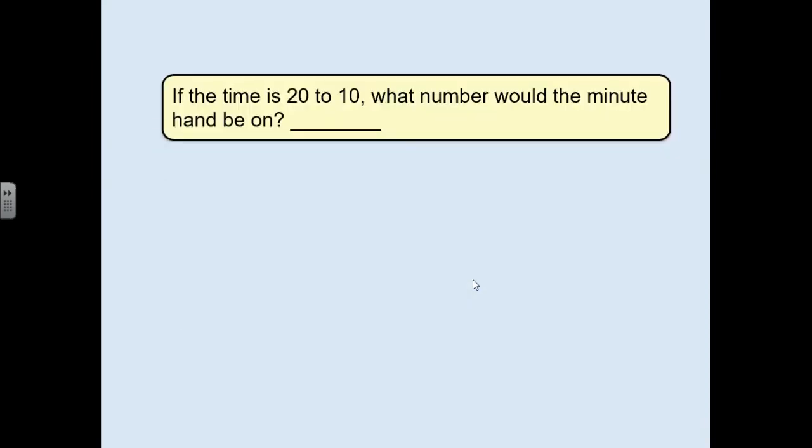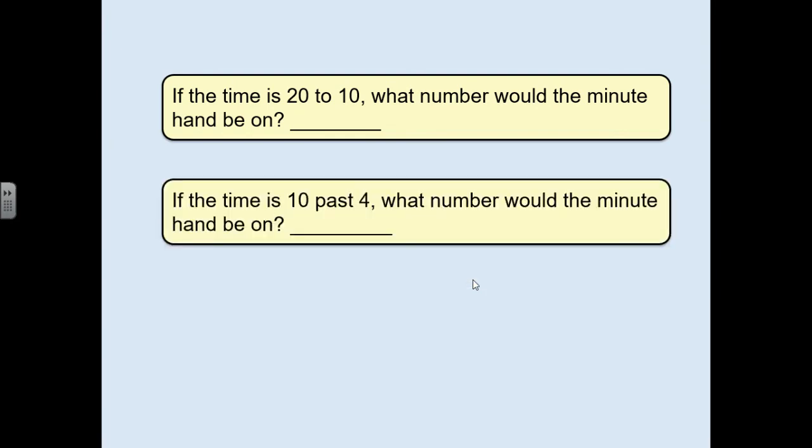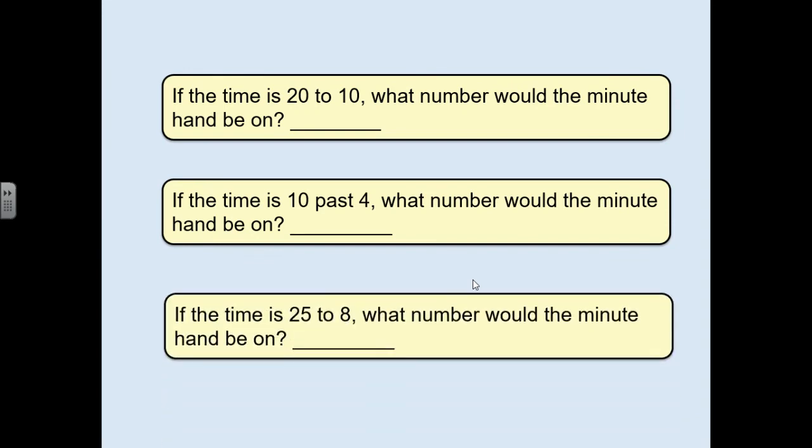Okay, if the time is 20 to 10, what number would the minute hand be on? Now what I would like you to do is use your clocks to find out where the minute hand would be. The next one is if the time is 10 past 4, what number would the minute hand be on? And if the time is 25 to 8, what number would the minute hand be on?